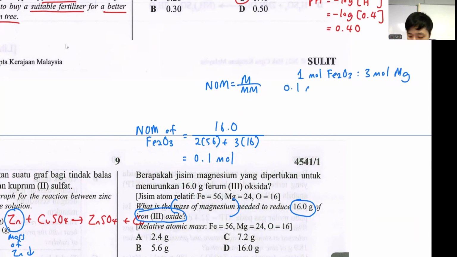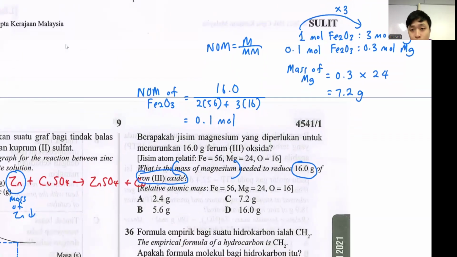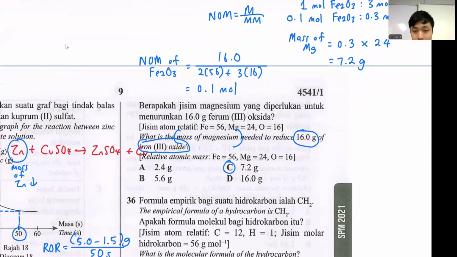It means if you got 0.1 mole of Fe2O3, then you multiply by 3, and you will get 0.3 mole Mg. Then again, if you want to find mass, use number of mole multiplied by molar mass. So the third step, mass of magnesium is 0.3 mole multiplied by the Mg molar mass, 24. You will get 7.2 gram of magnesium.